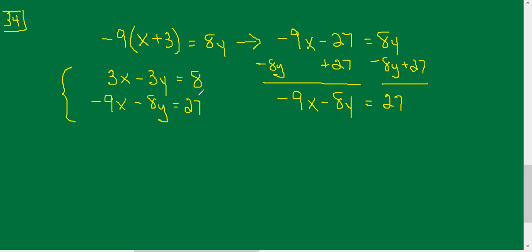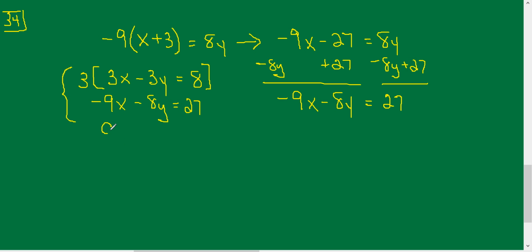And now I can go ahead and solve this system. It looks like I would multiply this top equation by 3. 3 times 3x is 9x, and 9x minus 9x is a 0. I'll see what happens later the rest of the way, but it looks like it's clear sailing.